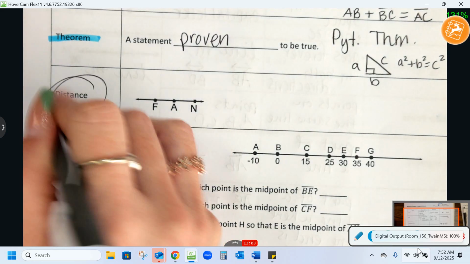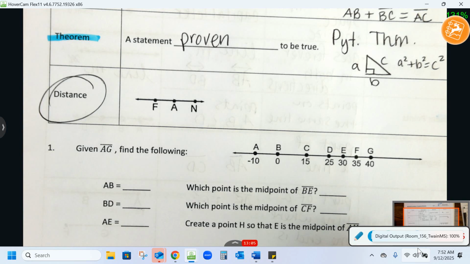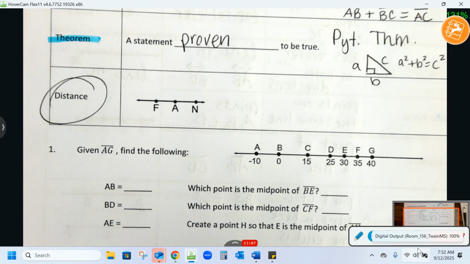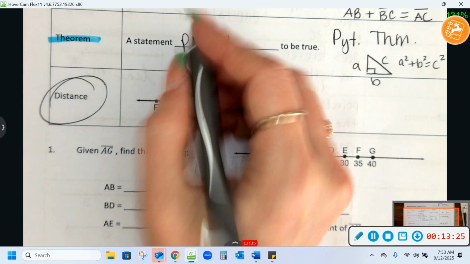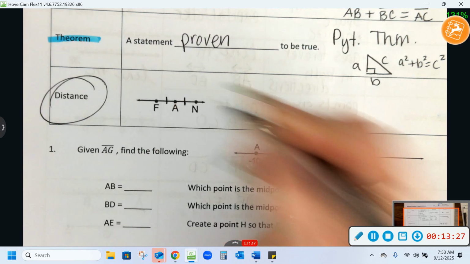Alright, distance. In geometry, often you will be asked to find the distance between 2 points. Essentially, when you're finding the distance between 2 points, you're figuring out how long something is. How long is this segment? What do these marks mean that I just put on here?